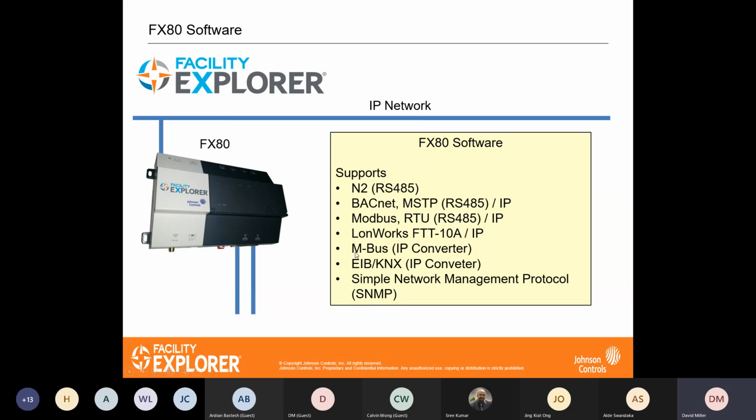We also support MBus, which requires an IP to MBus converter, and KNX, which also needs an IP to KNX converter. And then the last protocol that's supported as standard is SNMP, and that's an IP-based protocol.